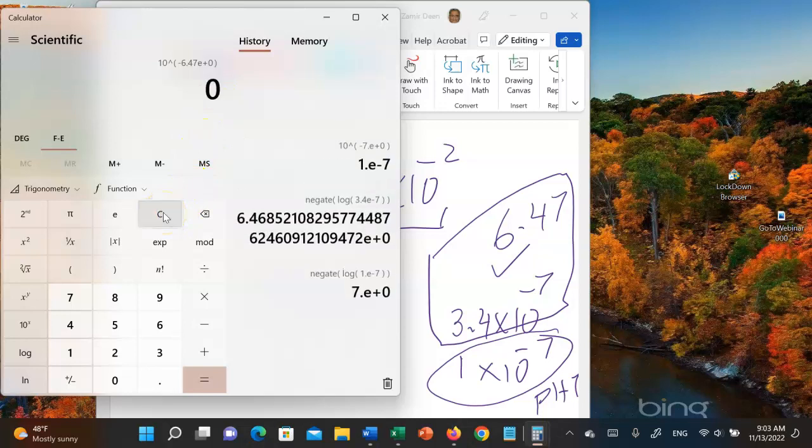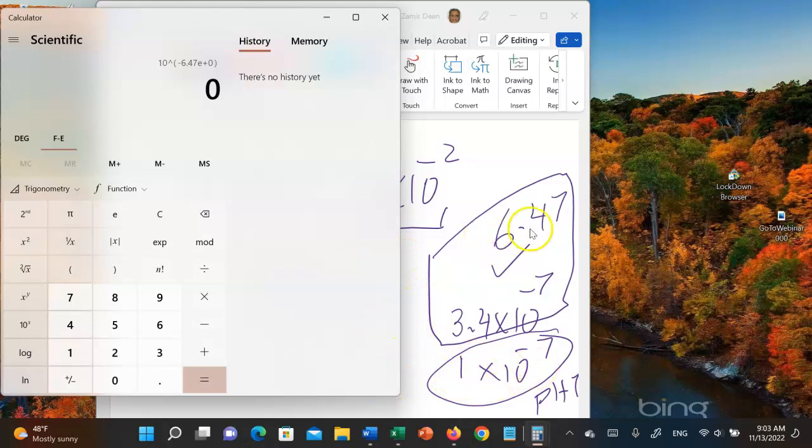Okay? Now let's do a couple of multiplication divisions just as an exercise so you're comfortable using the Windows calculator. So what we're going to do is, let's just multiply these two numbers together. Okay? So you go 1 exponent 7 minus, times 3.4 times 10 to minus 7. 3.4 exponent 7 minus, and then do the equal sign.